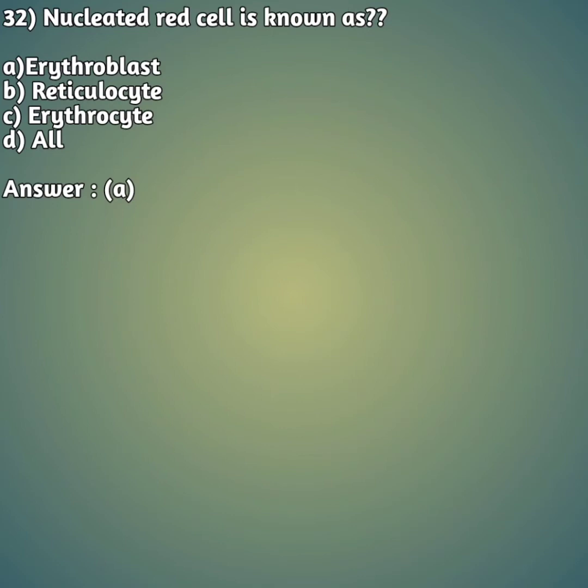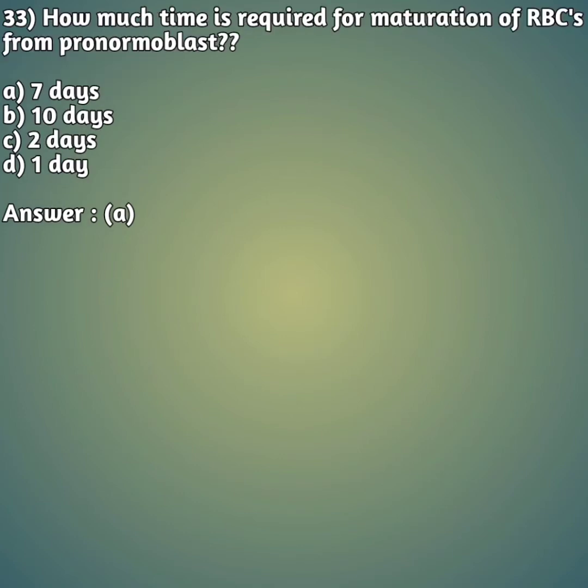Our next question is the 32nd question. Nucleated red cell is known as option A erythroblast, option B reticulocyte, option C erythrocyte, and option D all. So nucleated red cell is also called option A, erythroblast. Moving to our 33rd question. How much time is required for maturation of RBCs from pronormoblast?